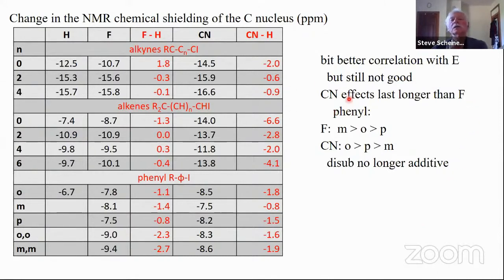We do see that the CN effects last longer than the F effects. In the phenyl, ortho is greater than para, which is greater than meta. So these effects are not necessarily consistent. So the C13 shift would probably not be the best gauge of the strength of an interaction.